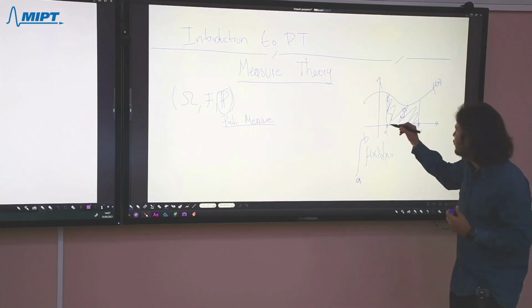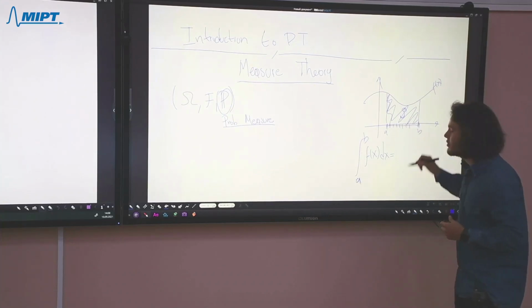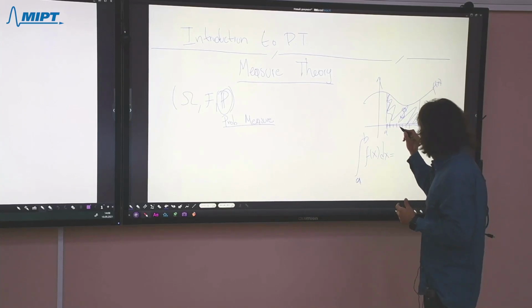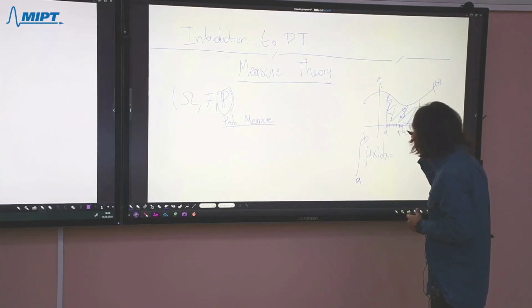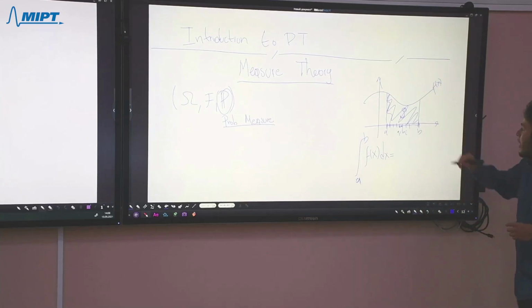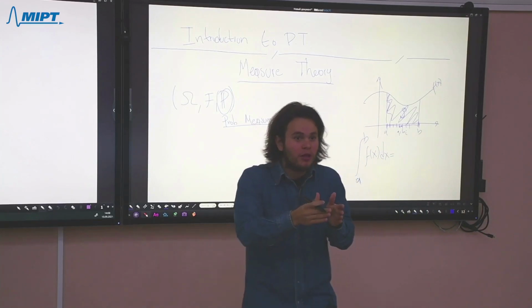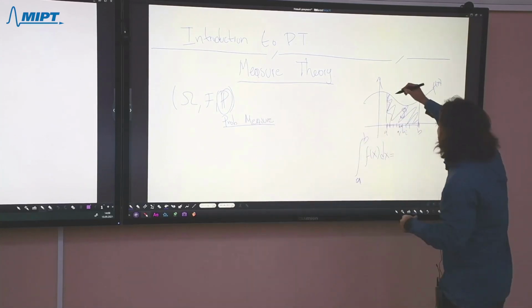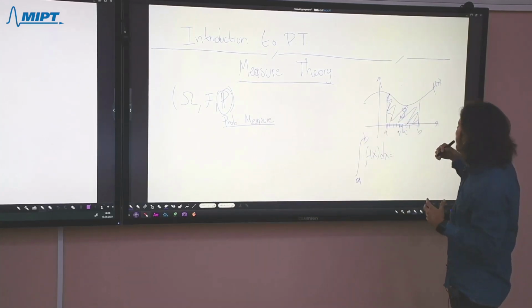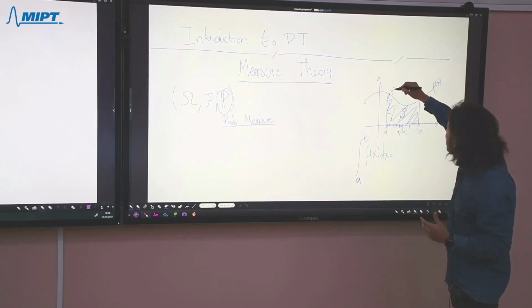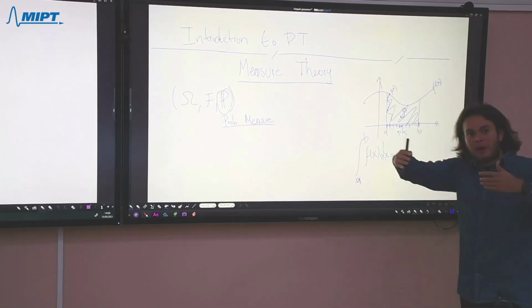Yes, you have to divide all of this into some little intervals, a_i and b_i, right? You have to divide these intervals and make them very small. Then you multiply with the function at this point, and you sum up everything.